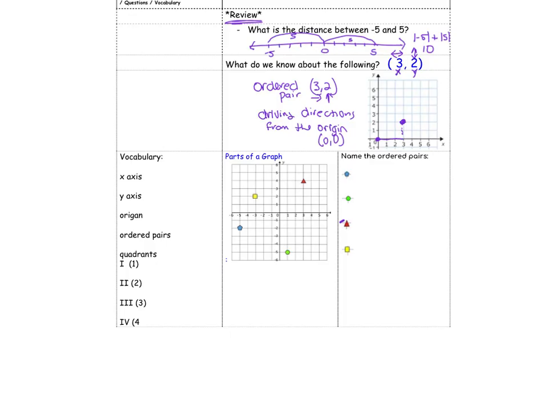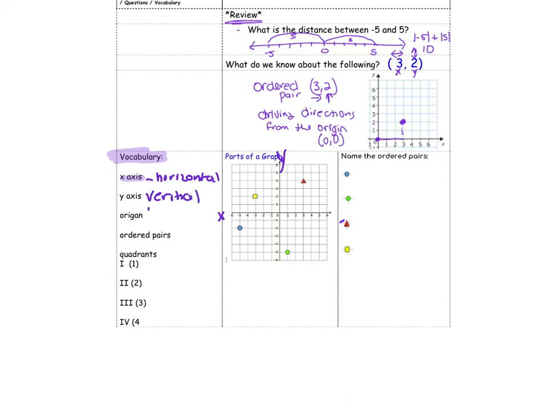So before we actually talk about naming the ordered pairs in this next part, I want to remind you of some of the vocabulary. The x-axis is this horizontal line, the horizontal axis. The y-axis is the vertical axis.